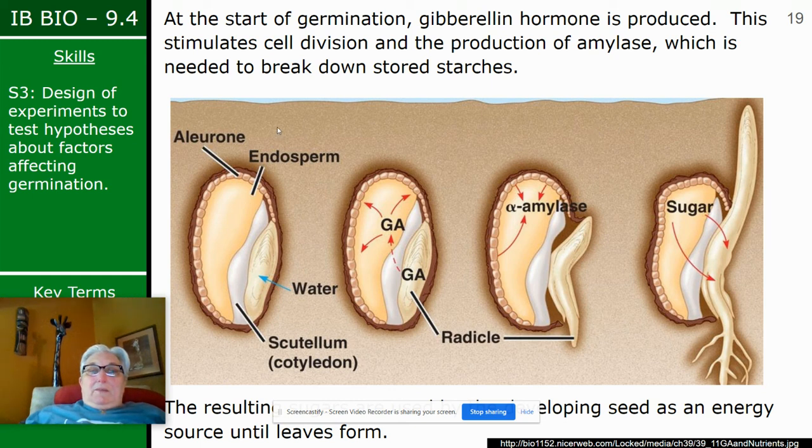And again, we're looking at seed production here. Gibberellin is the hormone that we're talking about that gets produced in that particular seed. And if you remember from day before yesterday, it produces sucrose, the sugar, which is the energy source for that plant to grow.